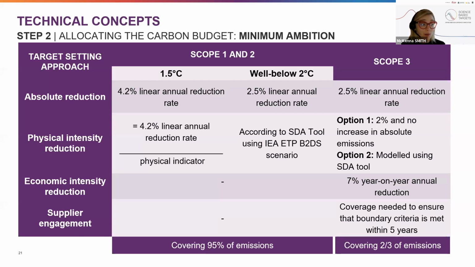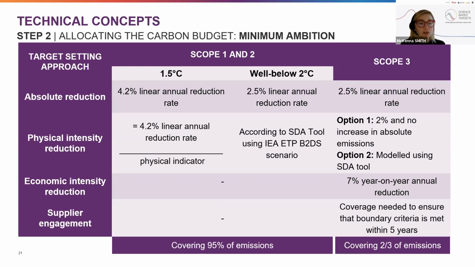Next, you could set an economic intensity reduction target, which is a 7% year-on-year annual reduction in economic terms. Finally, you can set a supplier engagement target, which has become very popular recently with companies. Some companies set a combination of absolute targets and supplier engagement targets for scope 3.